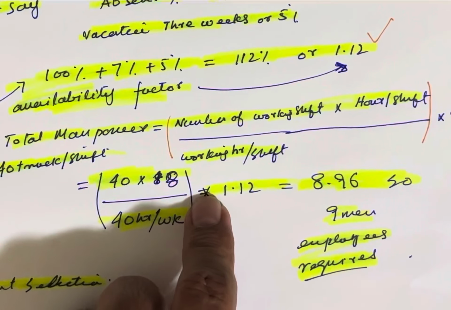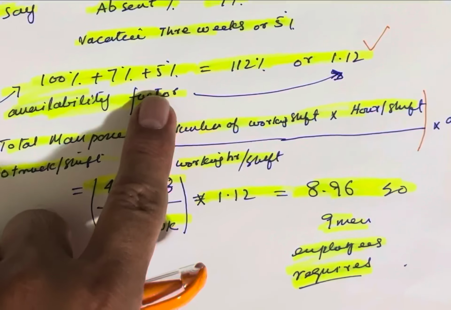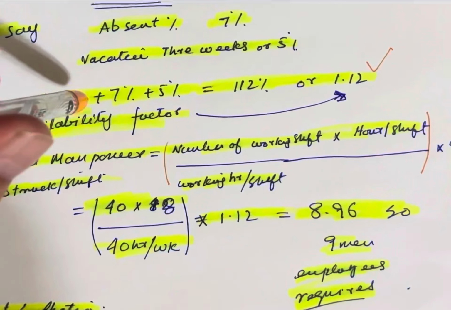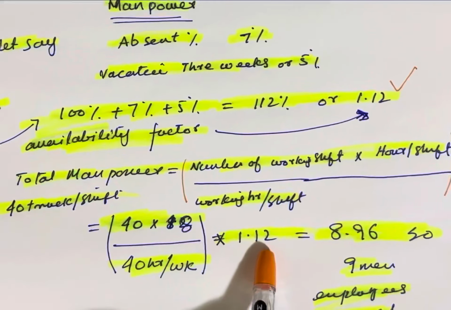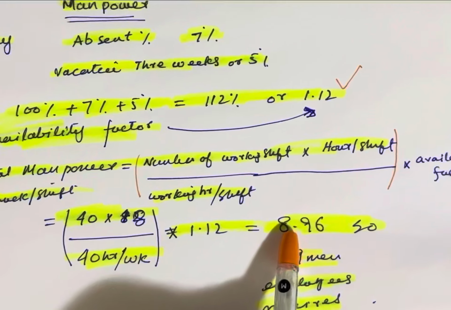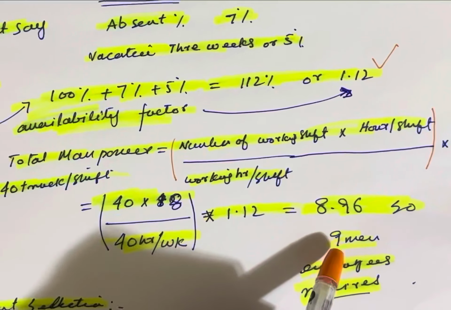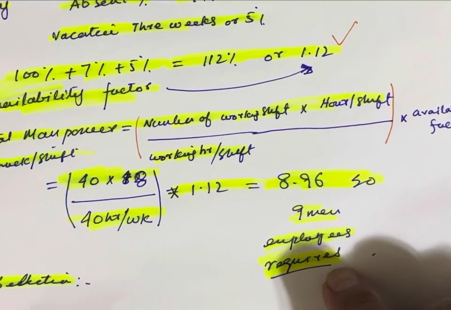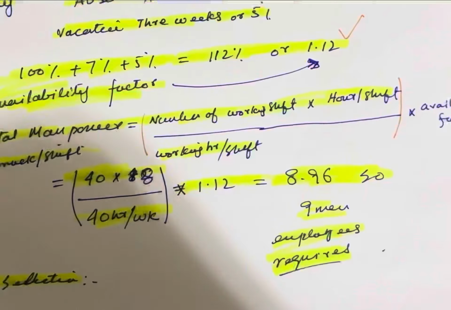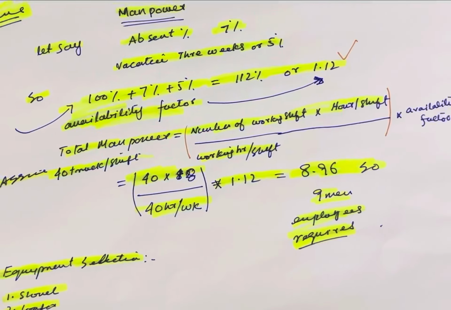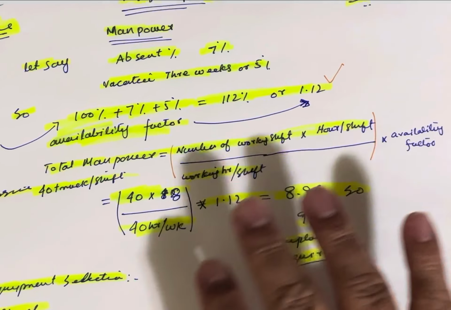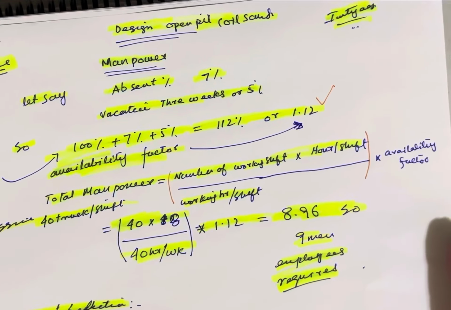Whatever you got, you have to multiply with the availability factor. In our case it is 1.12. So I got 8.96, which means 9 employees required for the shift to run. So that's how you can calculate your manpower.